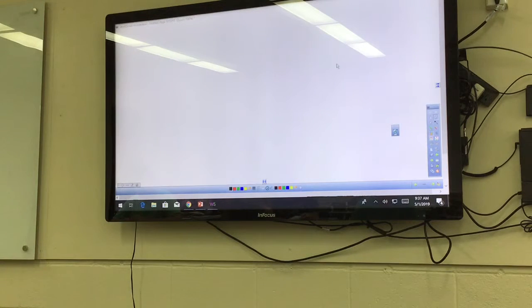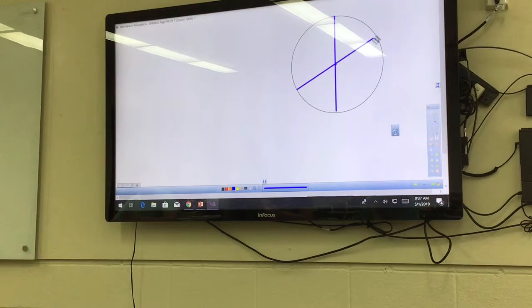Okay, so let me just draw the circle first. They tell us that AD and CG are diameters.